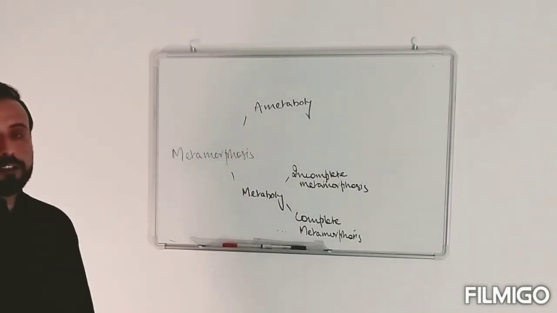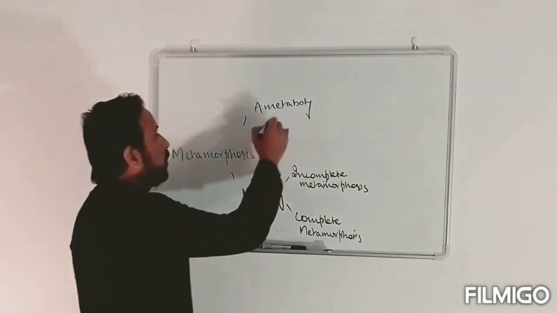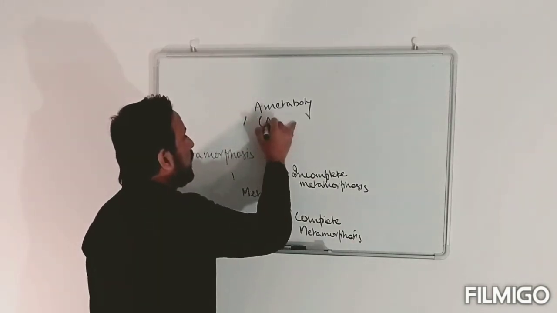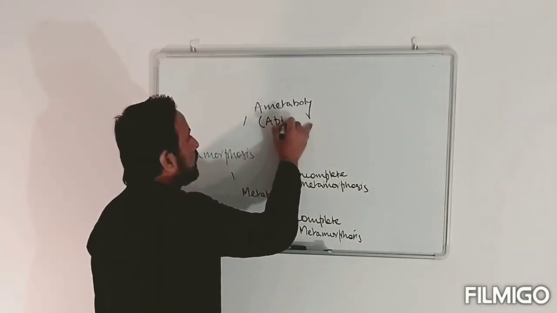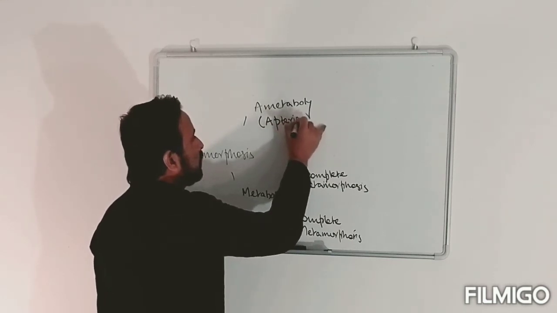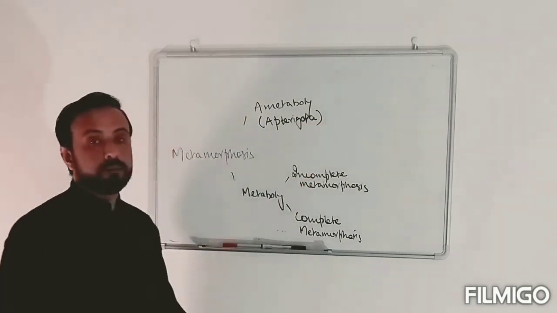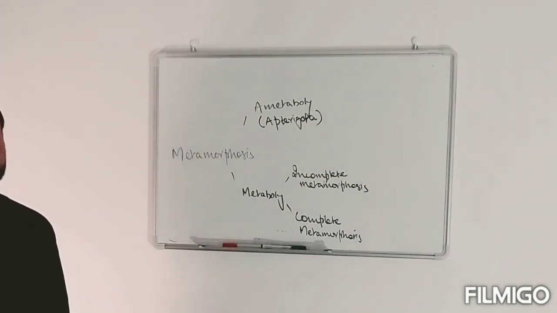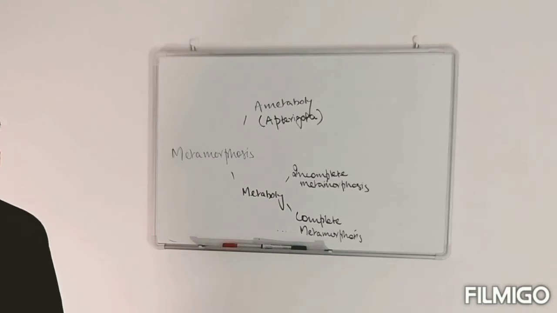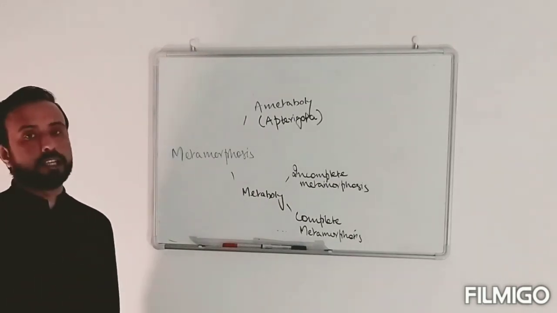Ametabola, a kind of insects, are also called Apterygota. That means they don't have wings. They will not have wings in their life cycle.